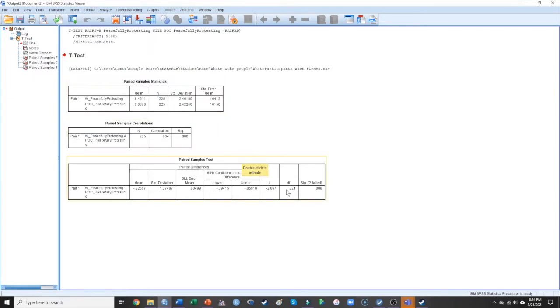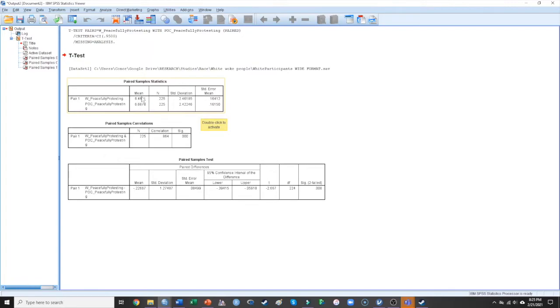And the reason that it's significant is probably because it's a fairly high-powered study. We had 224 people in this, and it's a within subjects analysis because people are reporting for both of these. So that's probably why this is significant, but that is a pretty small effect. We don't want to oversell that effect.